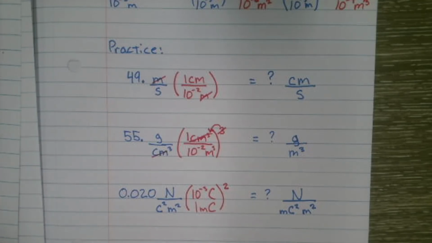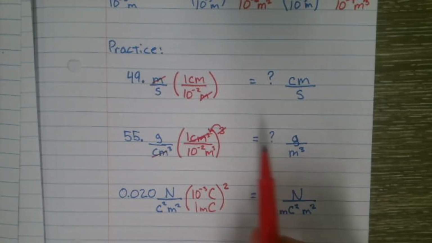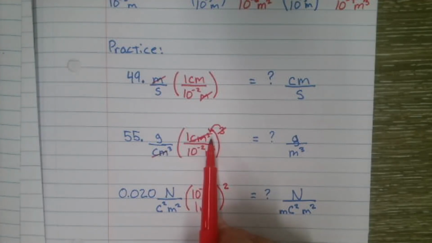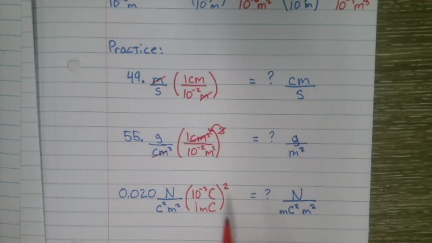And so when you actually do this assignment, you won't go in and rework your conversion factors. You'll just write it like that. Coulomb squared, Coulomb squared. That leaves you with a millicoulomb, meters squared, and then newtons.